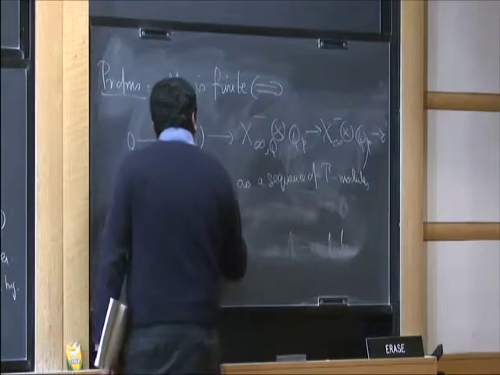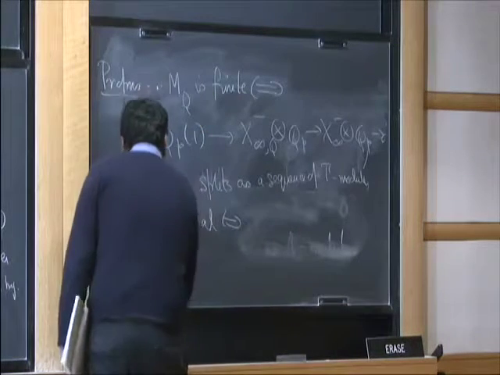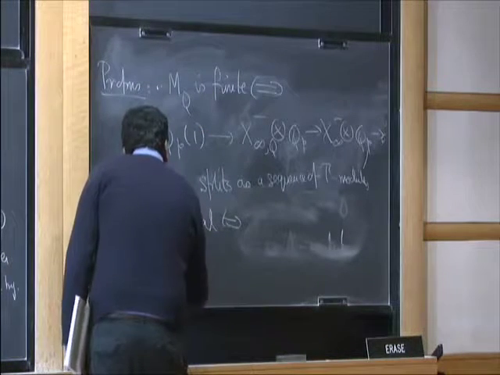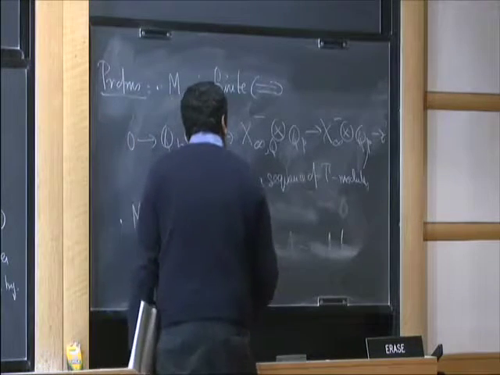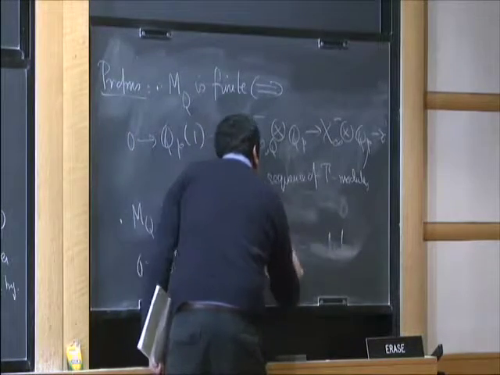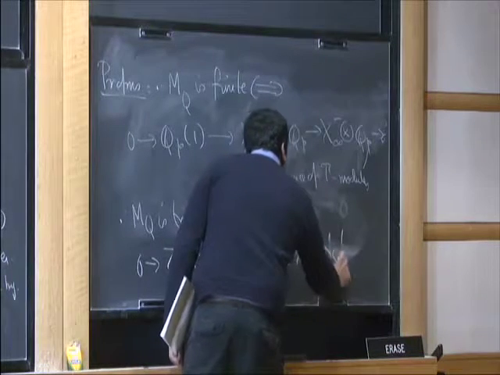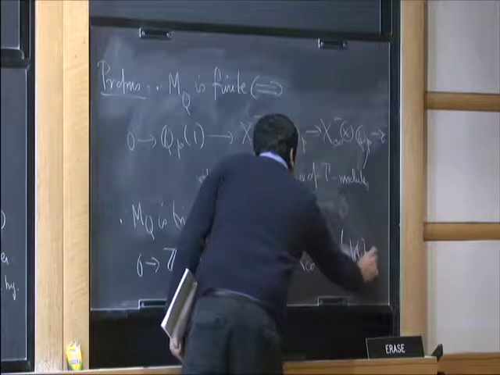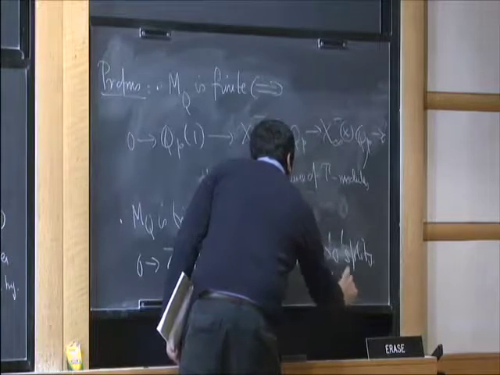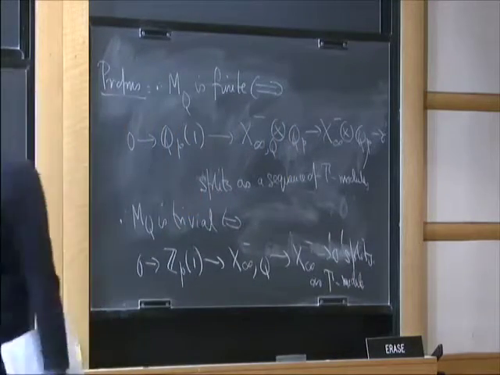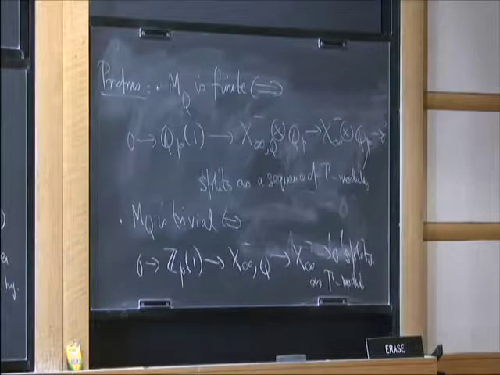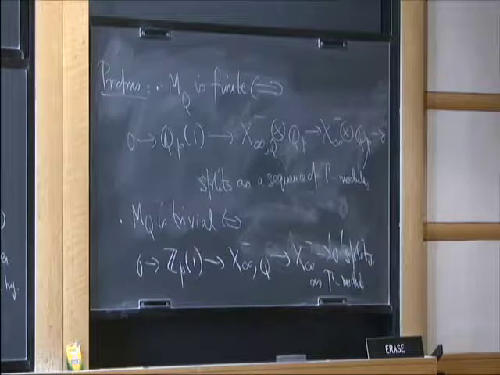It's trivial if and only if the exact sequence itself splits. And one can also make a more precise statement: one can look at exactly how much it doesn't split, and it's exactly related to the order of M_Q.